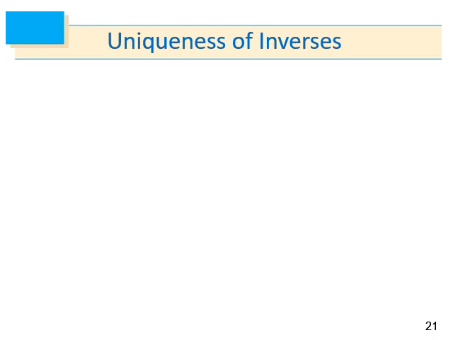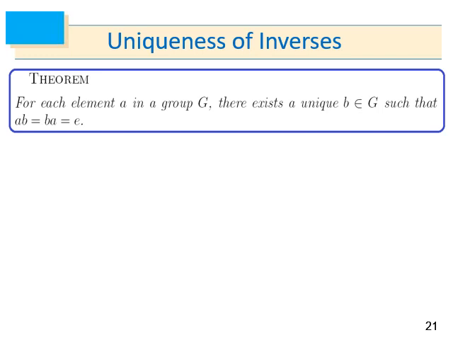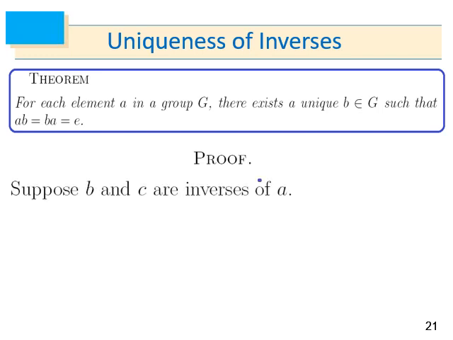Uniqueness of the inverse. The inverse, if it exists, is a unique element. For each element a in a group G, there exists a unique b belonging to G such that a·b equals b·a equals e. In this case, b is the inverse. Proof: suppose that b and c are two inverses of a.